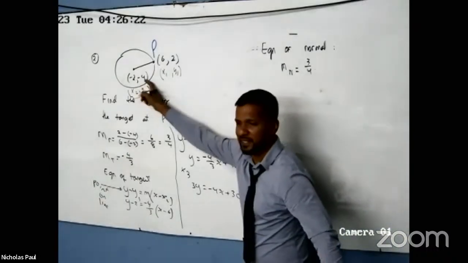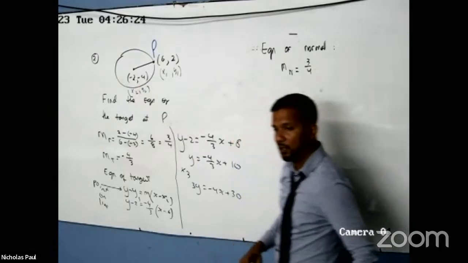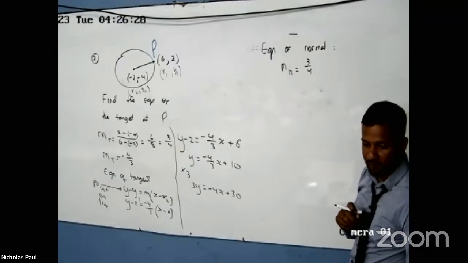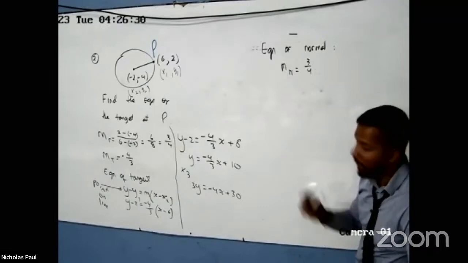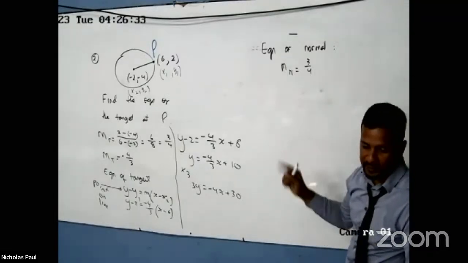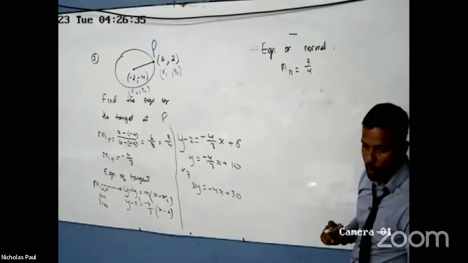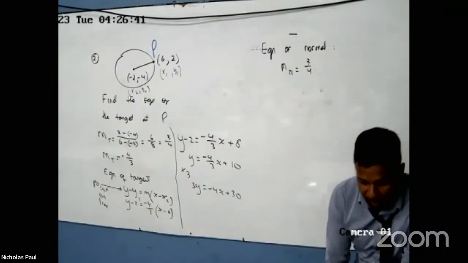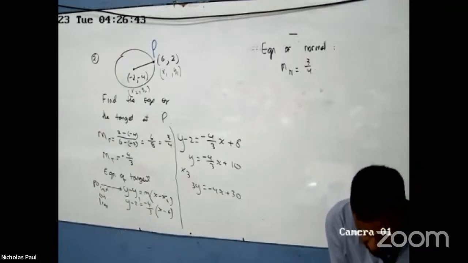Can I use -2, -4 to find the equation of the normal? Who says yes? Online, what do you all think? Can I use -2, -4 to get the equation of the normal? Yes or no?